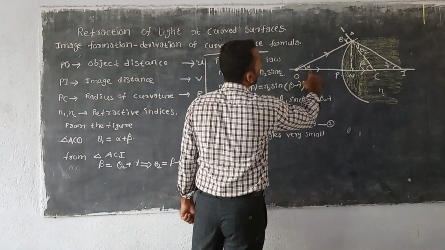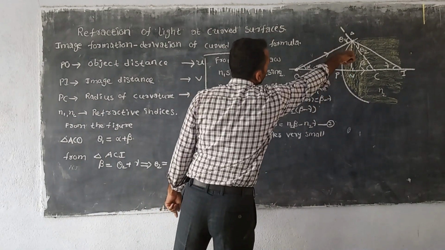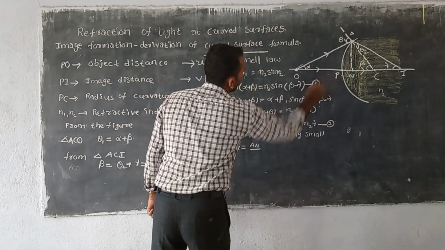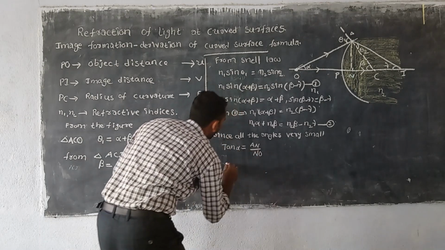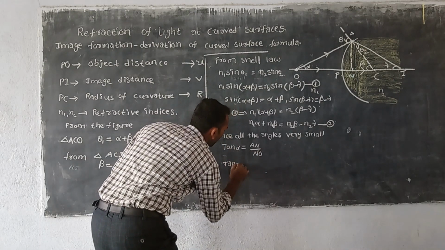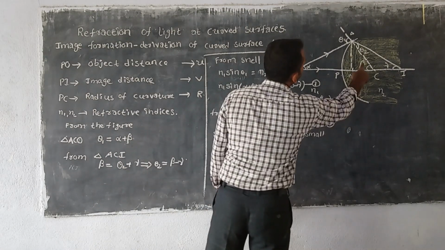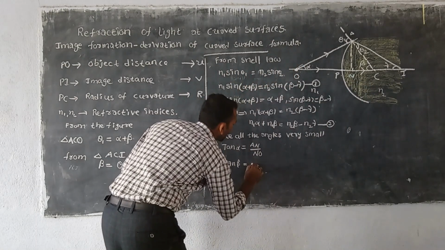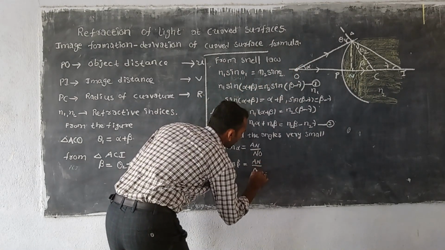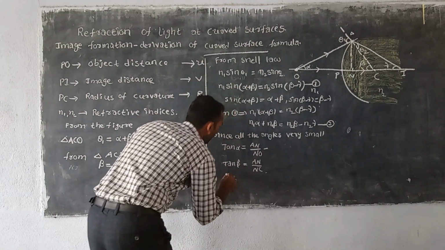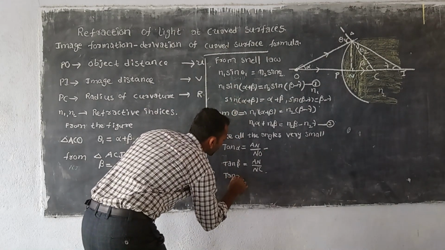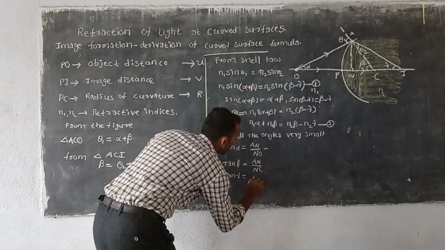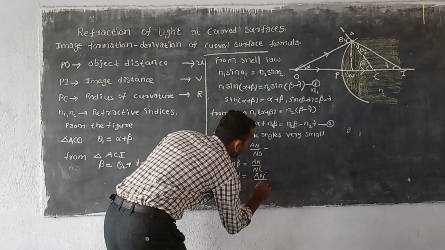Tan alpha equals opposite by adjacent side, which is AN by NO. In the same way, tan beta equals AN by NC, and tan gamma equals AN by NI.